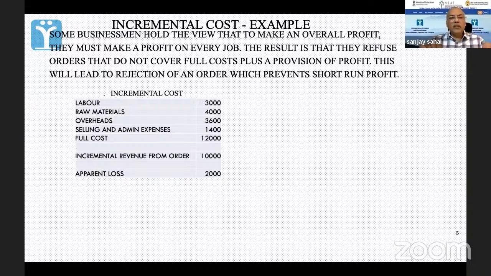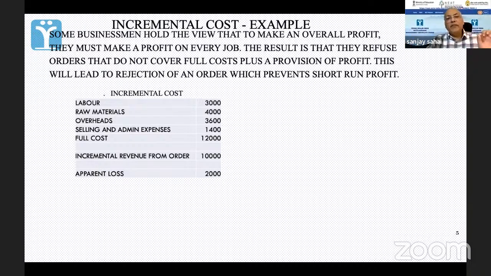If you add up all these, the total cost comes to 12,000. The incremental revenue from the order is 10,000. So with this method of accounting, you end up with a loss of 2,000.